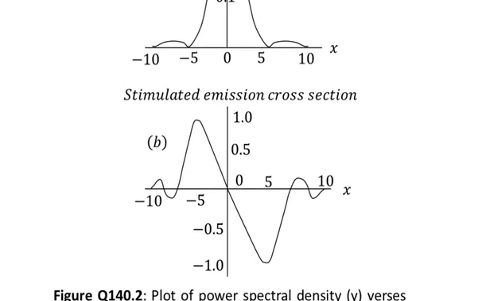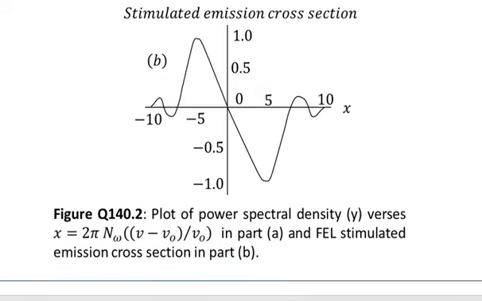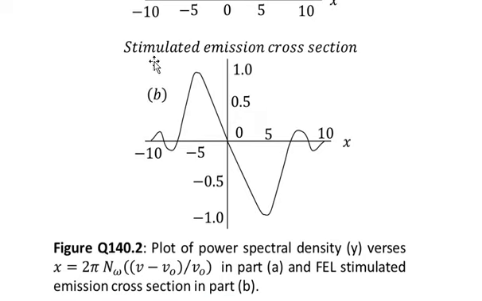And the corresponding caption is: the FEL stimulated emission cross section in part B plotted versus the X values. So you can see that along the vertical axis we have the stimulated emission cross section plotted, and X along the horizontal axis.